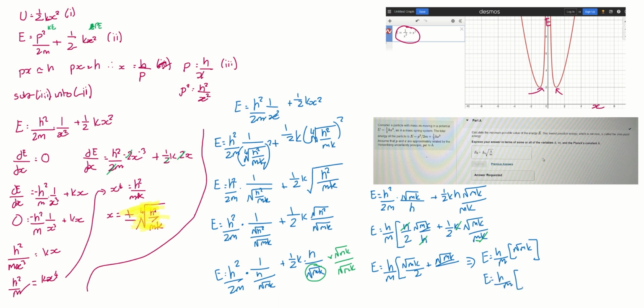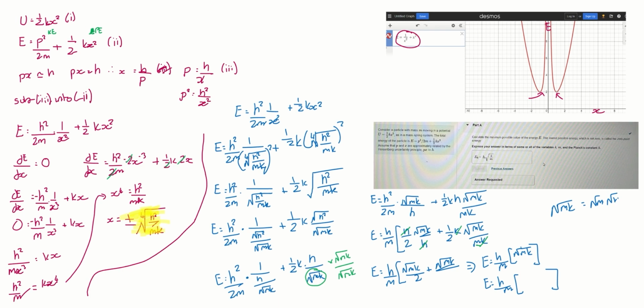I'm just going to write it in indice form. Root mk is the same as root m root k, because of the third rules, which is the same as m to the half k to the half. So I could write that because it's a little bit clearer.